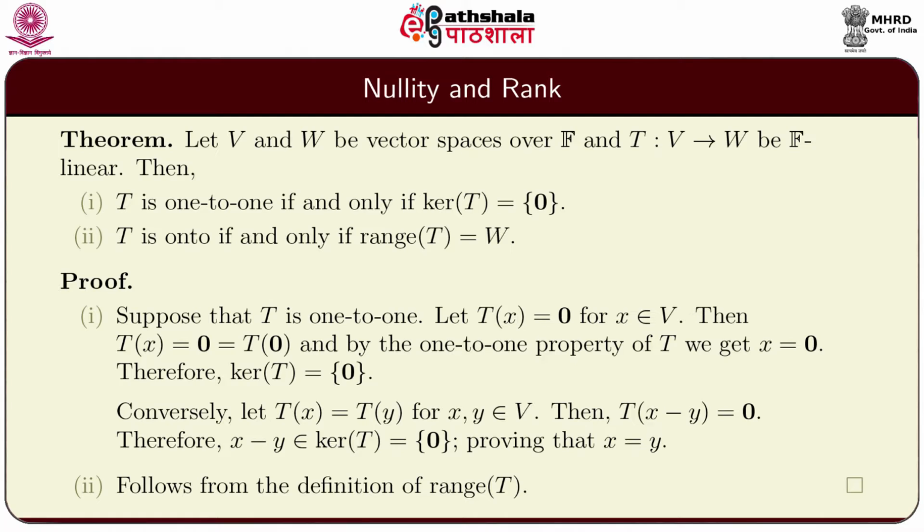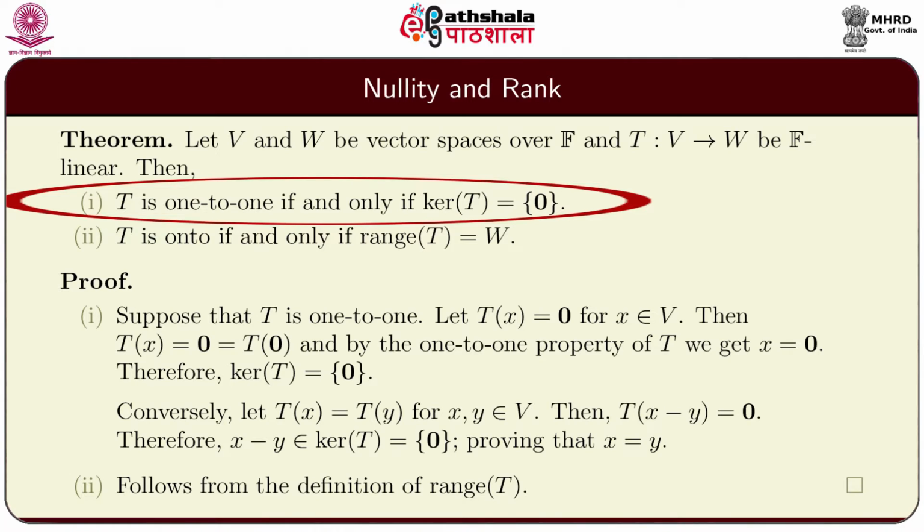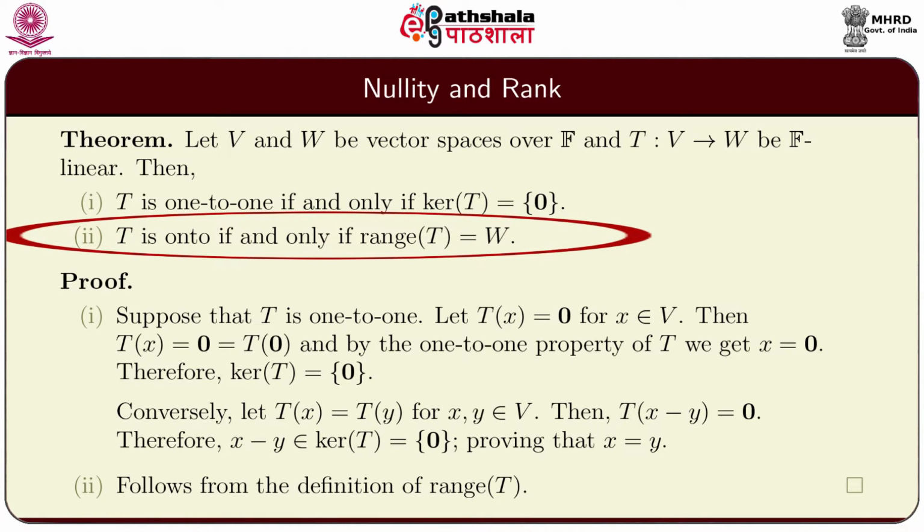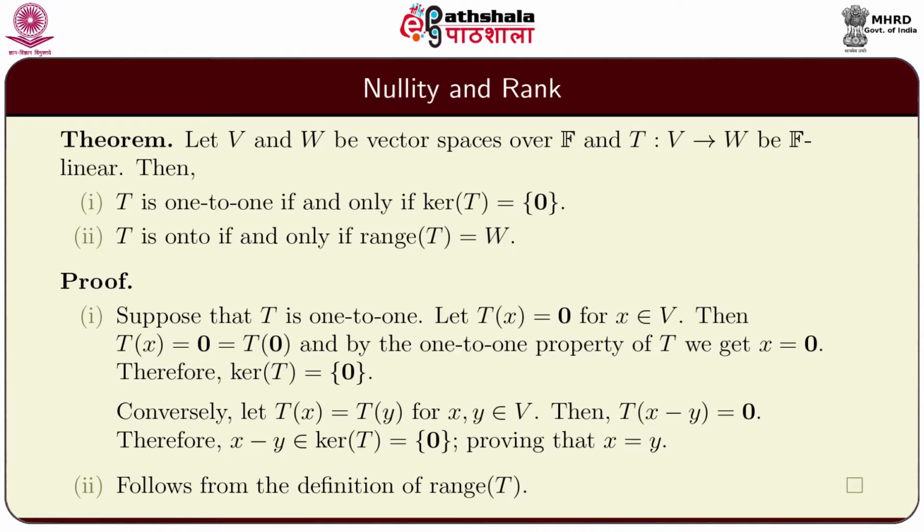So, the theorem says the following: let V and W be vector spaces over a field F and T from V to W be F linear, then T is 1 1 if and only if the kernel of T is the singleton {0}, and T is onto if and only if the range of T is W. Well, the range of T is nothing but the image of T, and therefore the onto property indeed follows from the fact that the range of T is equal to W. So, part 2 of the statement is clear. Now, we prove part 1.